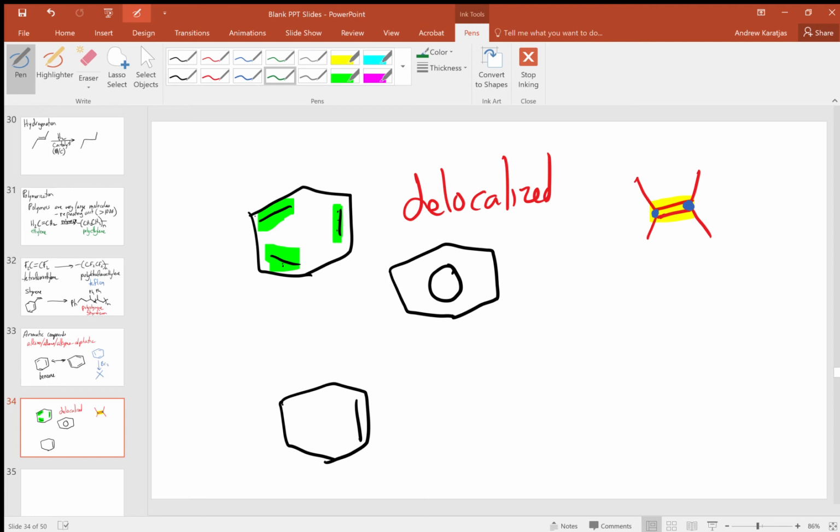The stronger the bond is, the shorter it gets, the more tightly those electrons are being held. And so in cyclohexene, the single bond measures at about 1.54 angstroms, while the double bond, as expected, is much shorter at 1.34 angstroms.